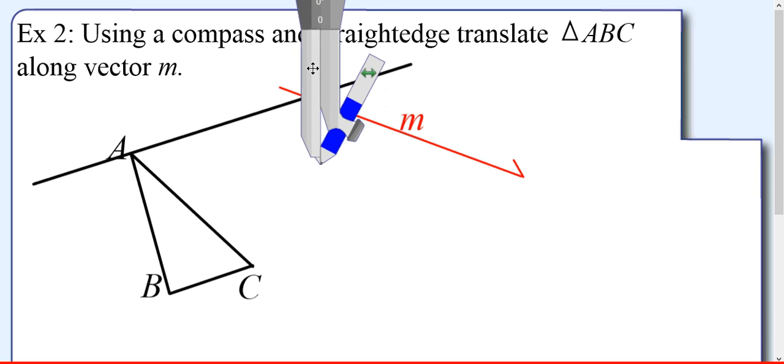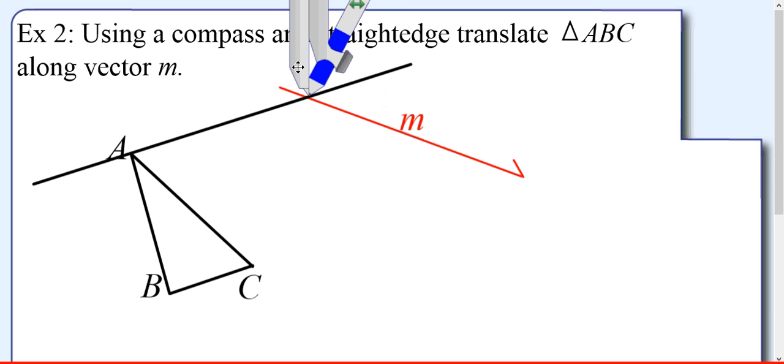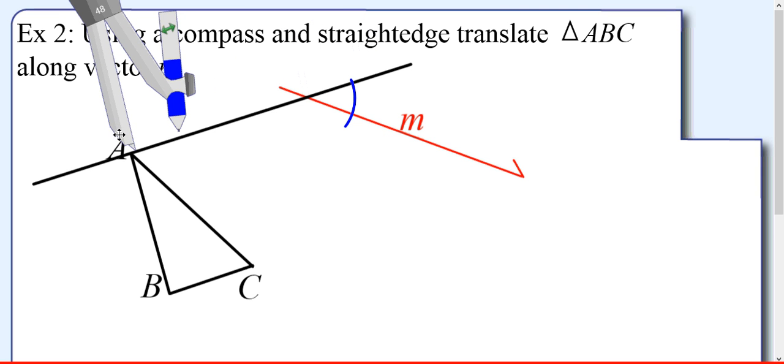When you copy an angle, you start with your reference arc, and you do the same thing where we're trying to copy it.